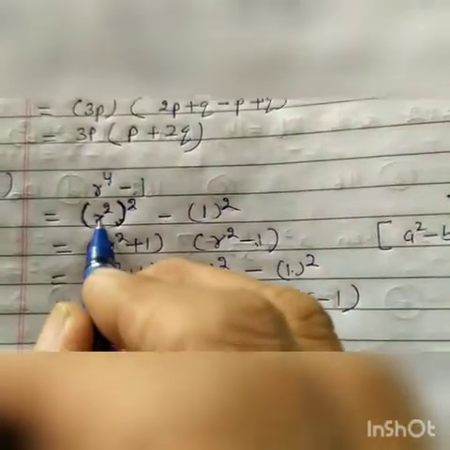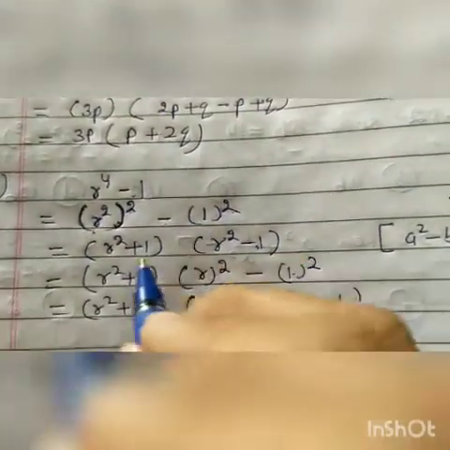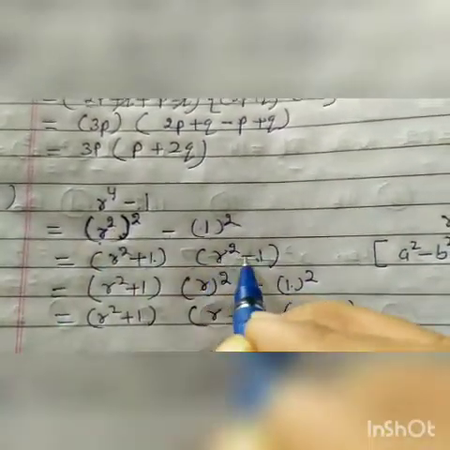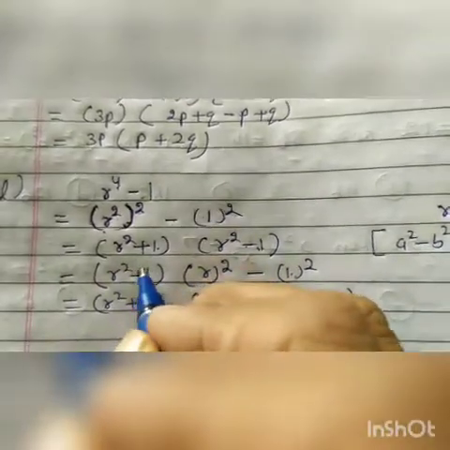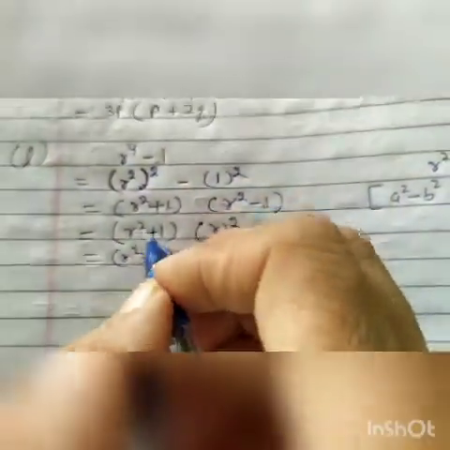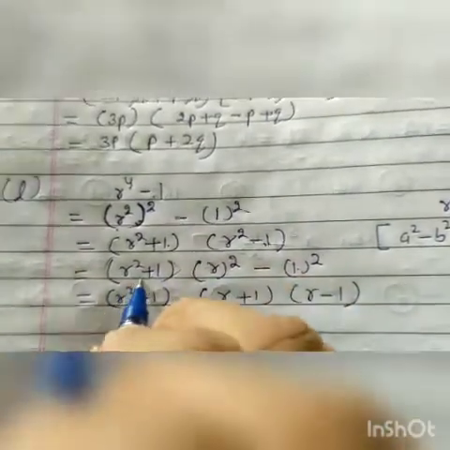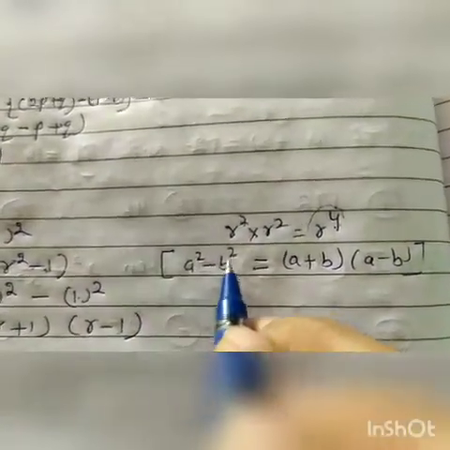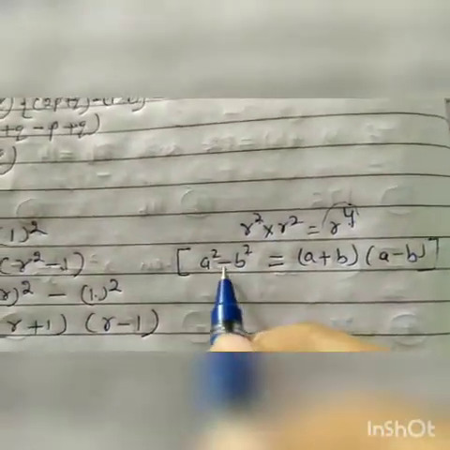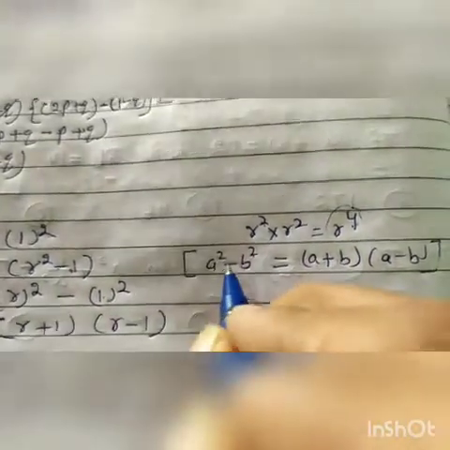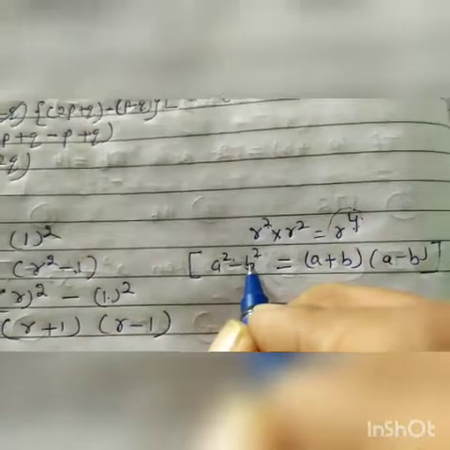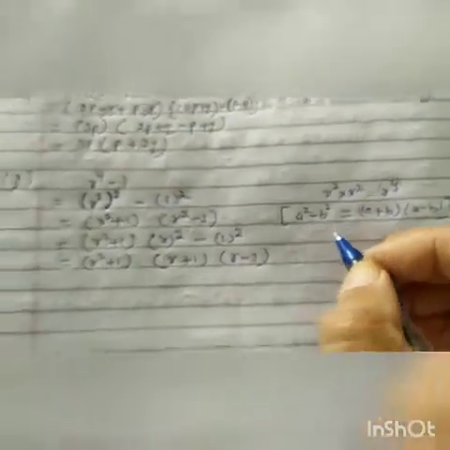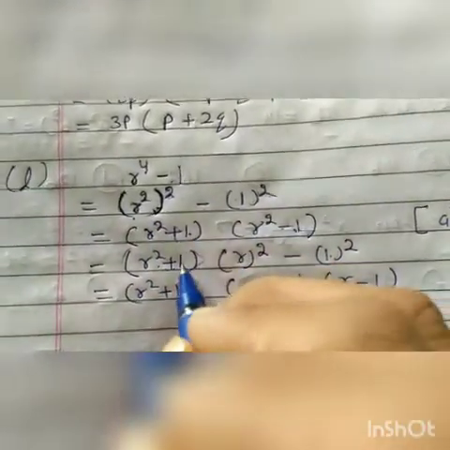It means a is r square, b is 1, so a plus b, then a minus b, r square minus 1. Now this plus 1 bracket with the plus sign will be written as it is because there is no identity for this plus. Students, this identity is only for minus, a square minus b square. It is the difference of 2 squares. If it is a square plus b square, we cannot use this identity. There is no identity for a square plus b square. So this r square plus 1 is written as it is.